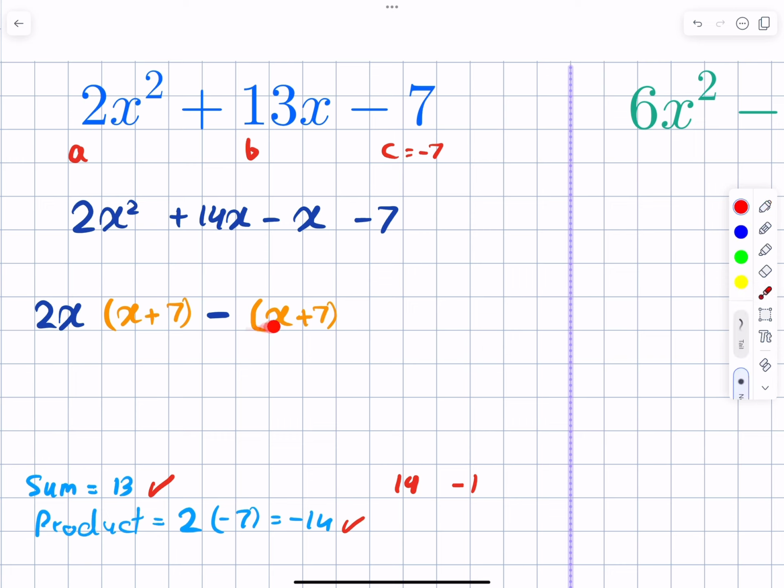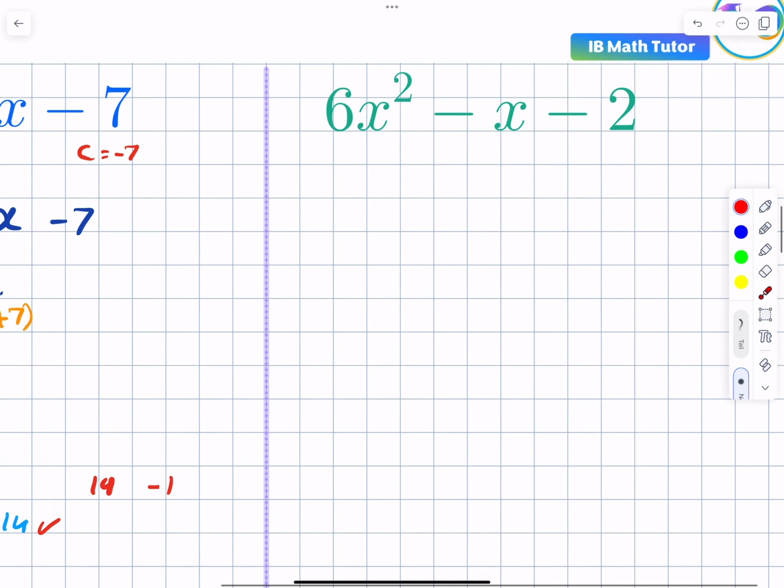And we have here the same bracket. So we will factorize x plus 7. Now, from the first one, we have 2x. From the second one, if we don't have a number here, then it's negative 1. So we can write here minus 1.